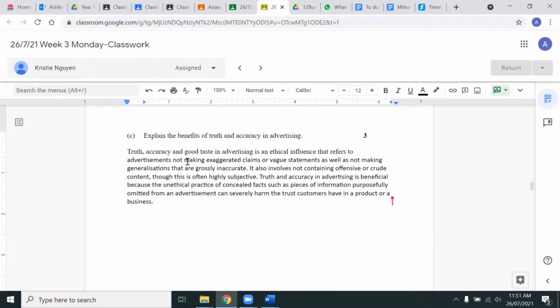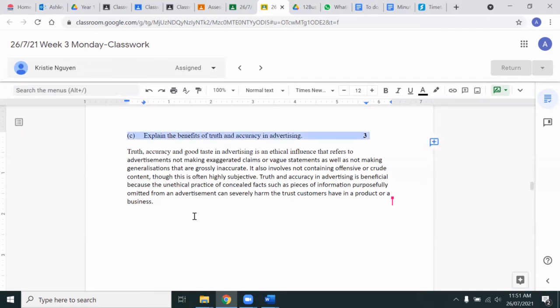Now, looking here too, it says, explain the benefits of doing this. So you've done the flip side of it. If you don't do this, then you will harm the trust customers have. But I'd also need to add on here that by acting truthfully and being accurate in your advertising, the benefits.